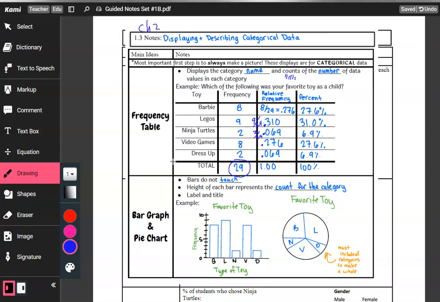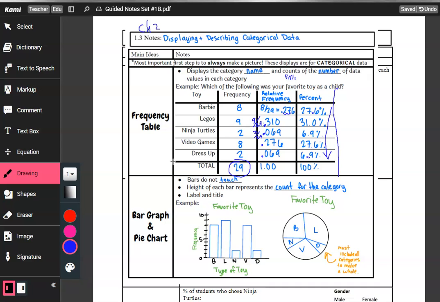So 0.276 as a percent, you just move the decimal place over twice, and it becomes 27.6%. You do that for all the decimals, and you get the percentages. If you add up all the percentages, you should get 100%, the whole, the entire, taking into account all the 29 students involved.